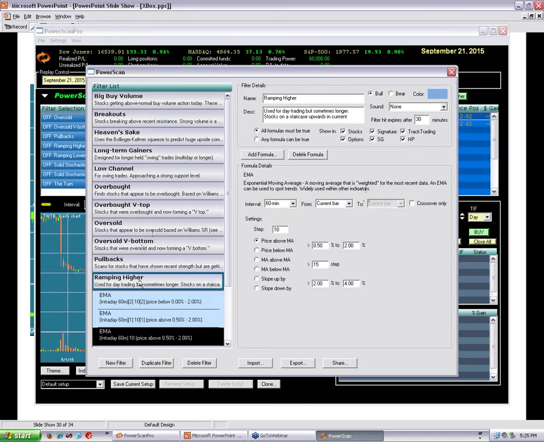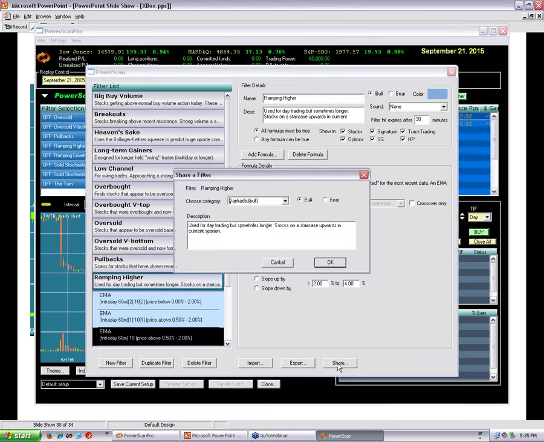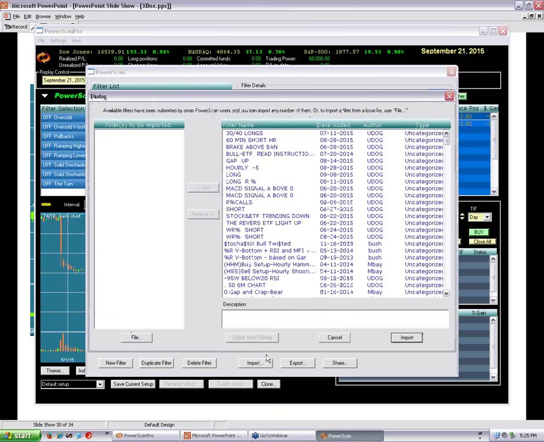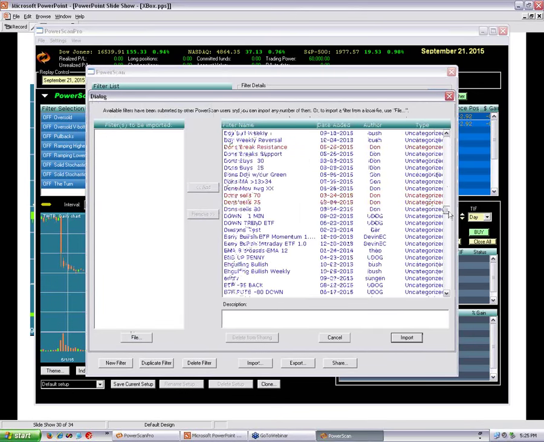It's called ramping higher. And by the way, in this product, you can share just like you could in the old PowerScan. Like if I wanted to publish this, I think I already published it, so you can get it off of the shared. The way you get it is you go into filter configuration, and you go import, and by golly, there's all the filters that everybody's published for the last several years.